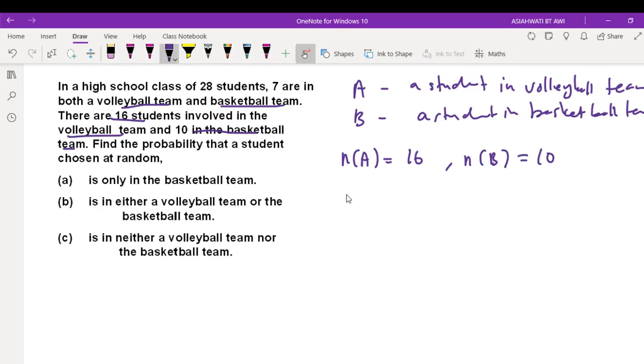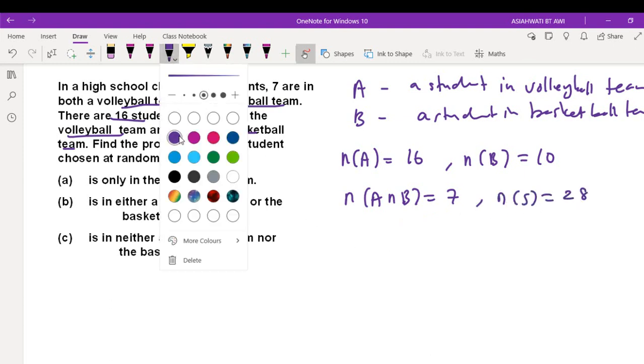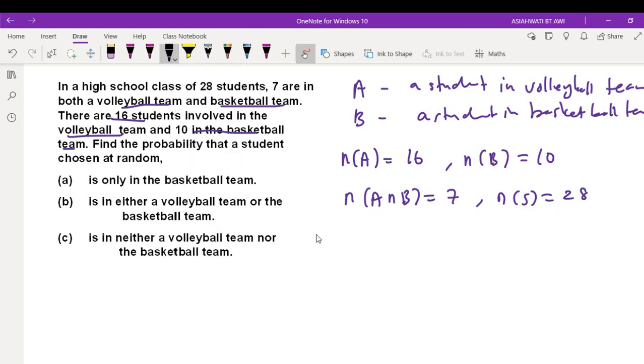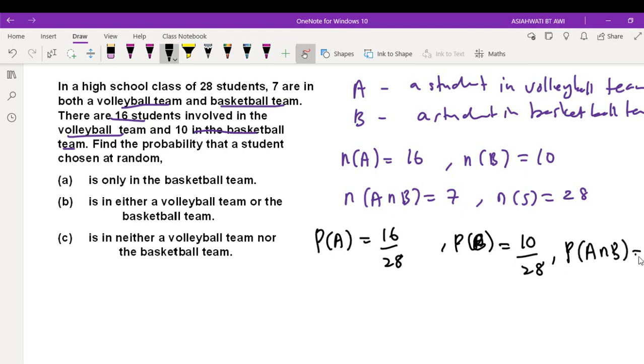The number of students who play both, A intersect B, is equal to 7, and S is equal to 28. Or in probability, P of A is equal to 16 over 28. P of B is equal to 10 over 28. Probability of A intersect B is equal to 7 over 28.